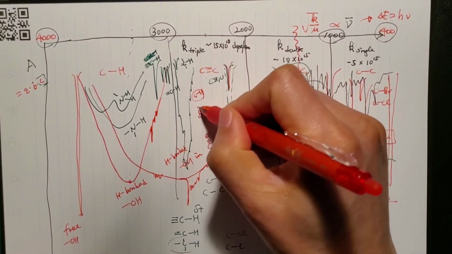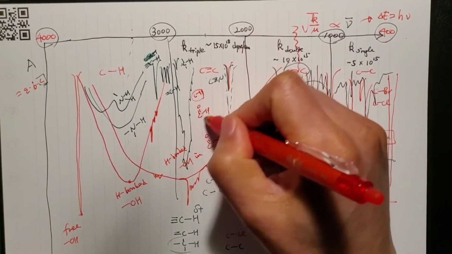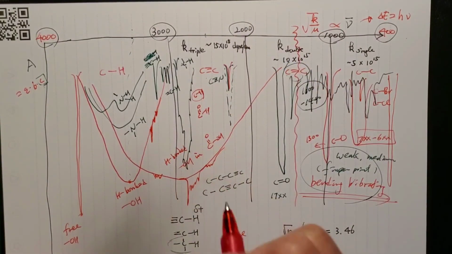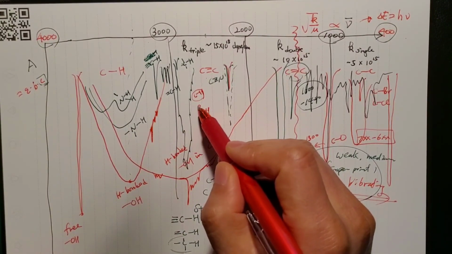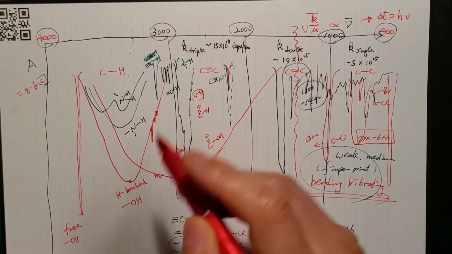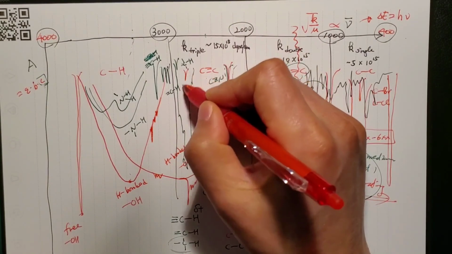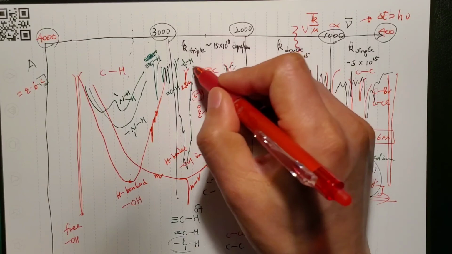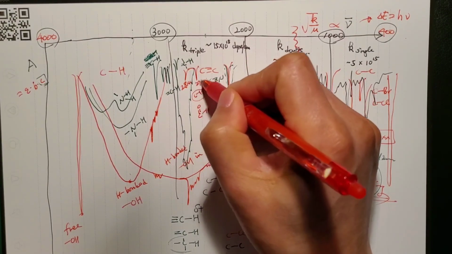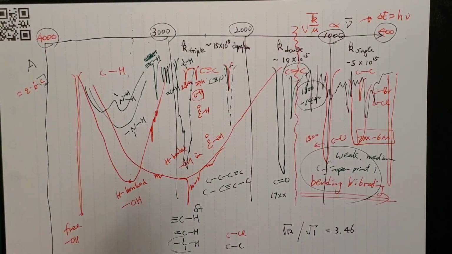That's the aldehyde CH. That normally gives two signals, symmetric and asymmetric stretching of the hydrogen on the carbon. One comes at 28 something, almost 3000. The other one comes at 27 something.